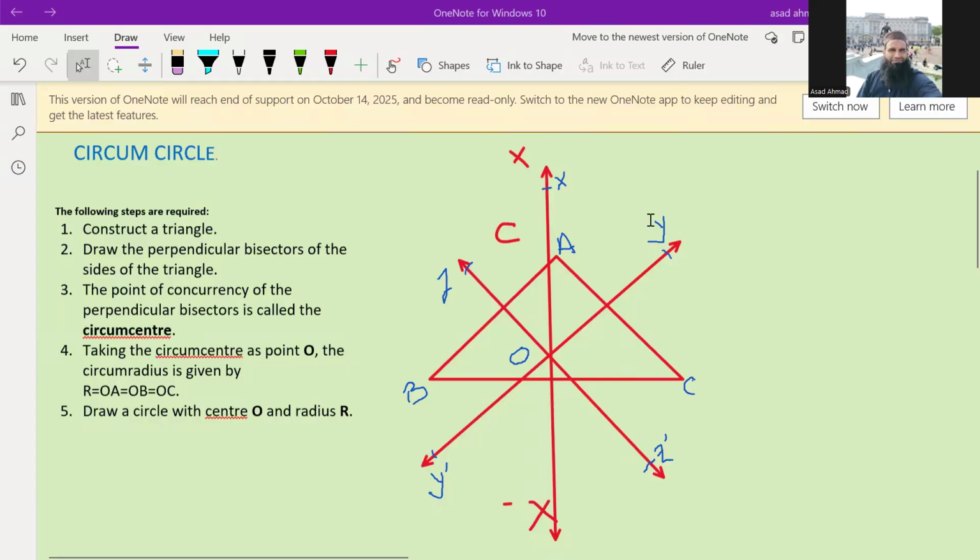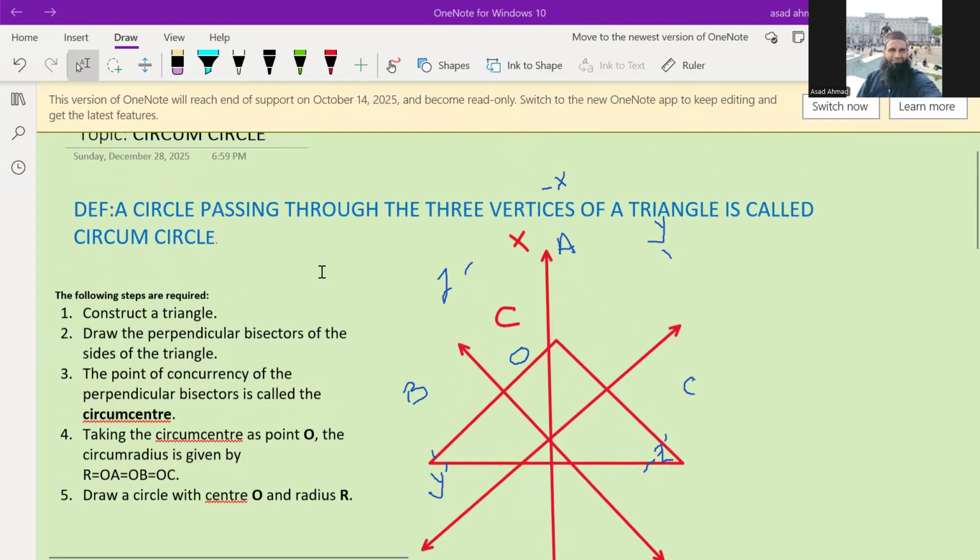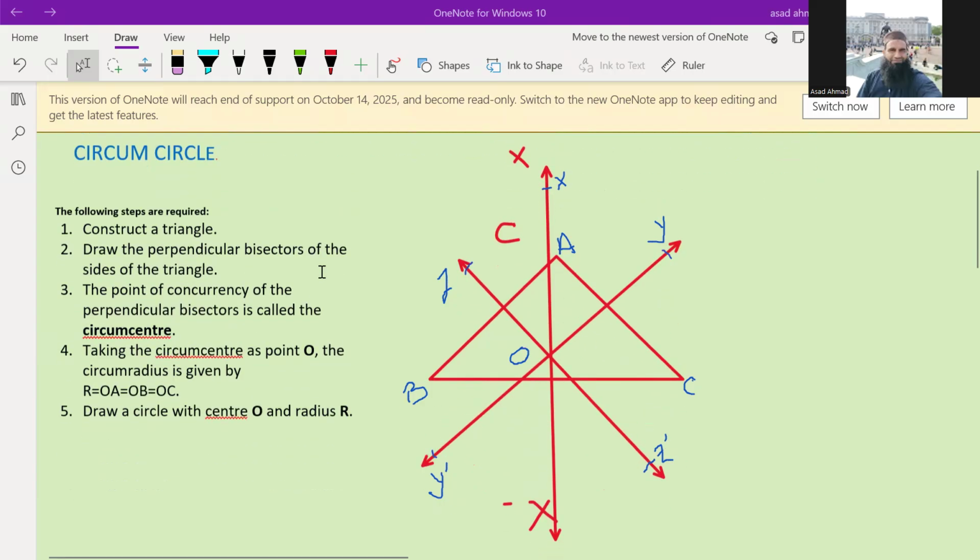Once the perpendicular bisectors are formed and their point of concurrency is formed, in the next and final step, we just have to draw one circle for drawing the circumcircle. First, let me tell you what is meant by circumcircle.